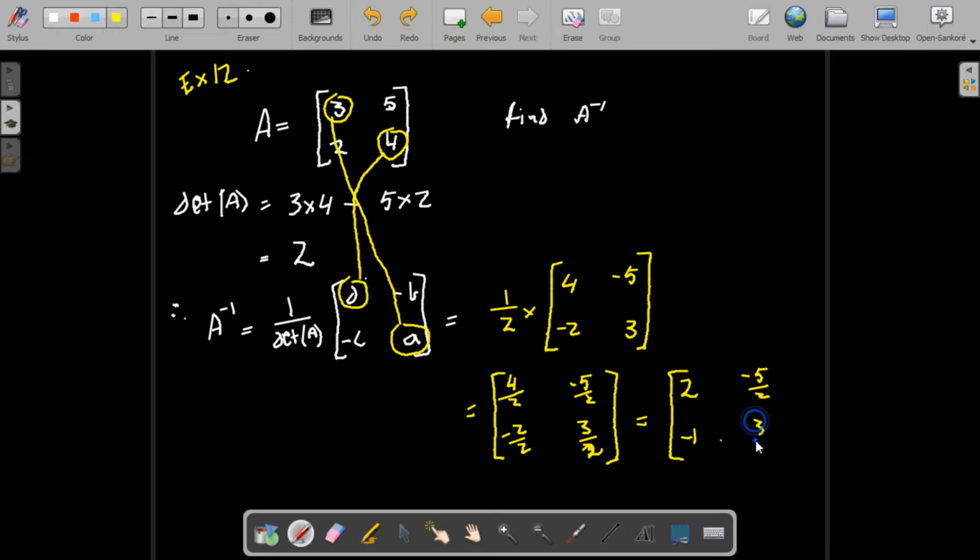So I'll just go through another example. This is example 13. So example 13, we've got the matrix A and B. So A equals 2, 5, minus 1 and 3.